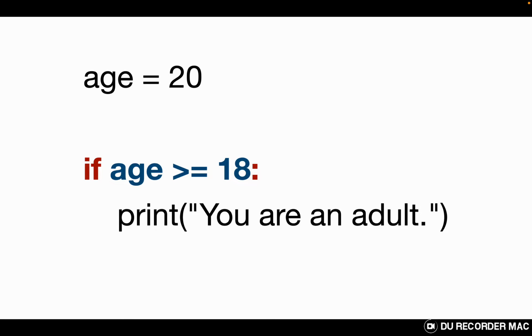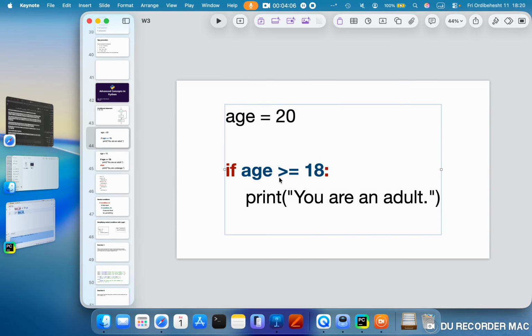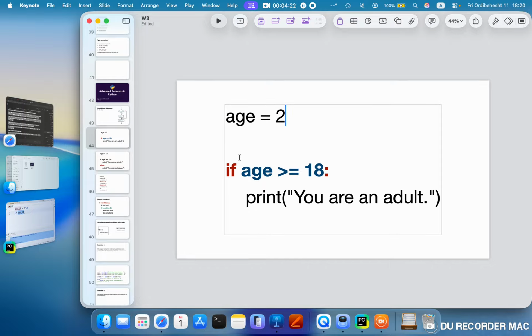For example, age greater than or equal to 18 in this line of code is a condition. It's true if the age is greater than or equal to 18, and it's false if it's not. In this situation, this condition is false, and in this situation, this condition is true.